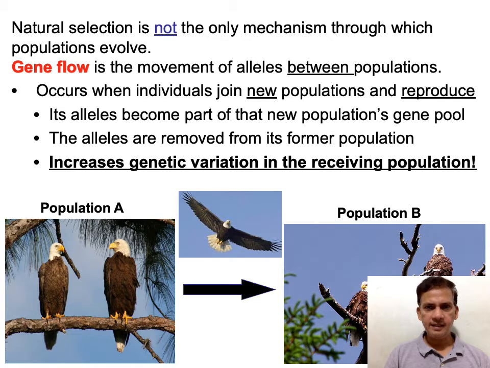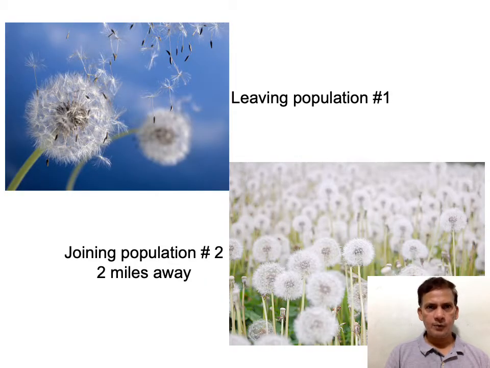Now this leads to an increase in the genetic variation in the receiving population. Earlier the two different populations, A and B, might have had a little bit different variation. But now, since one or a couple of individuals from population A moved and joined population B, this increases the variation of the individuals living in population B. Here's another example.